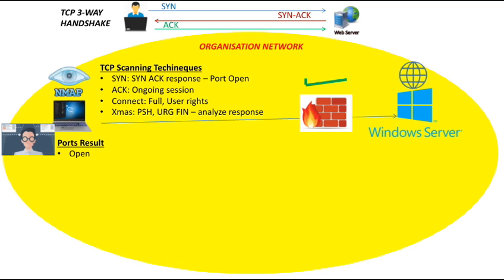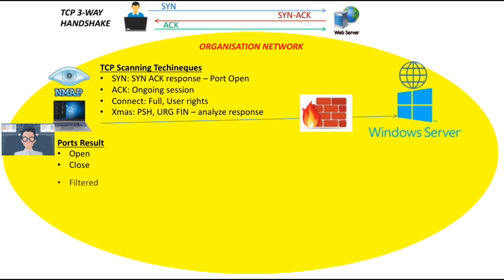For example, if this port is port 80, which is a web service, then this service is running on that specific server. But if the port result indicates that the port is closed, it means that the port is allowed on the firewall, but there is no service running on the system.